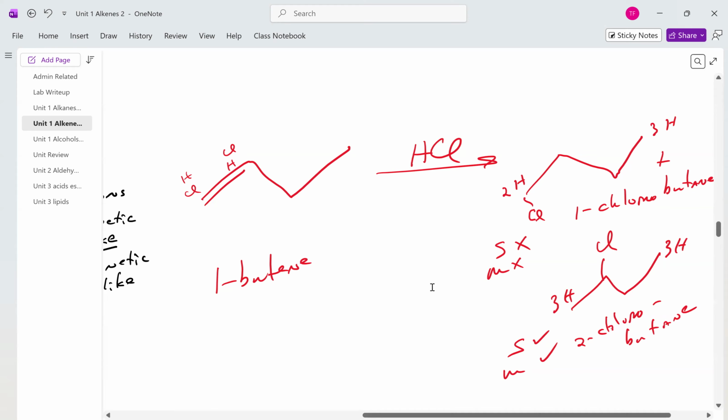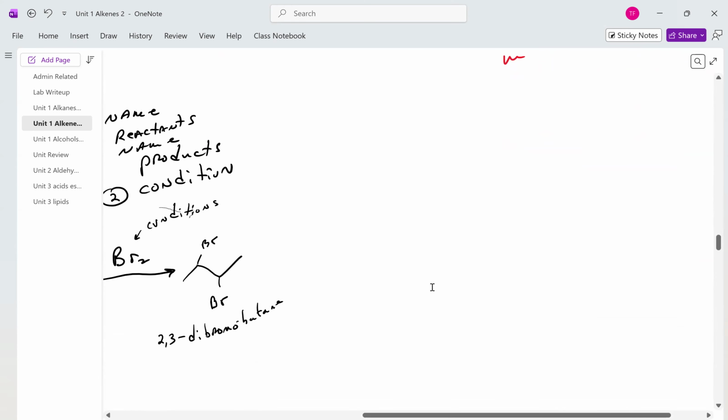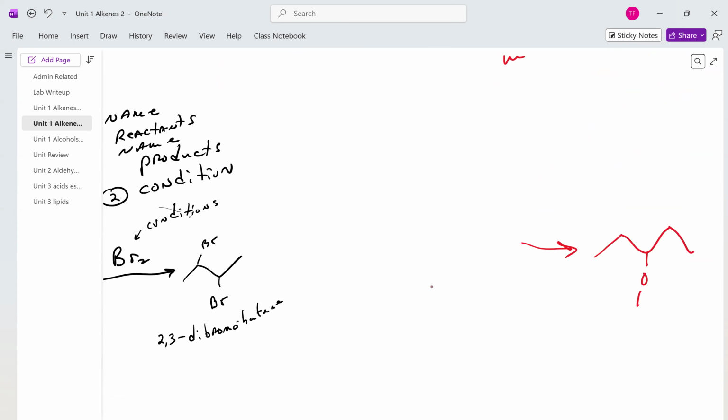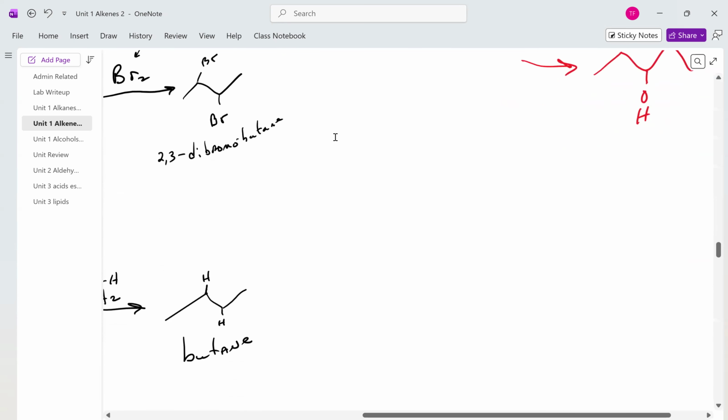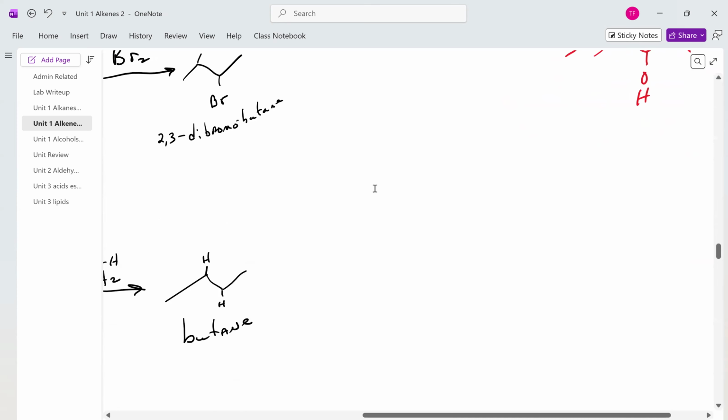Let's do an example of that. So I want to make this. How do I make that? Well, you have to look on your flow chart. So let's load a flow chart here.